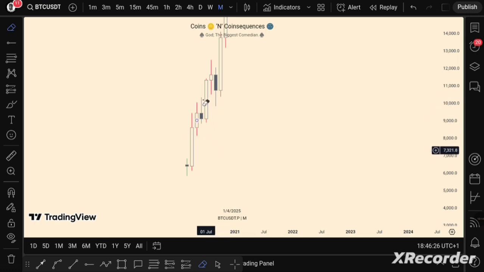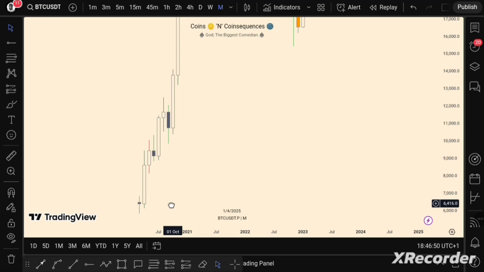Now we've been able to identify, looking at this candlestick, looking at this price action, this low, high, this low, high, low, high, low, high, low, and high.